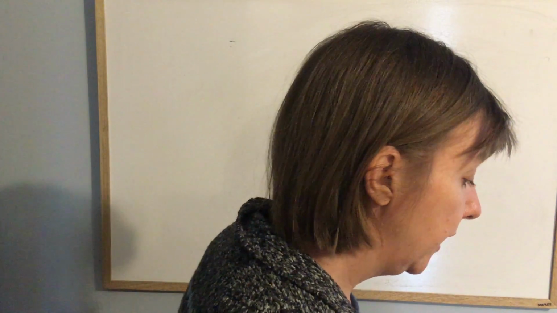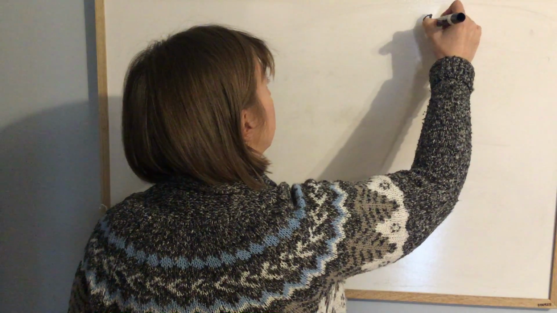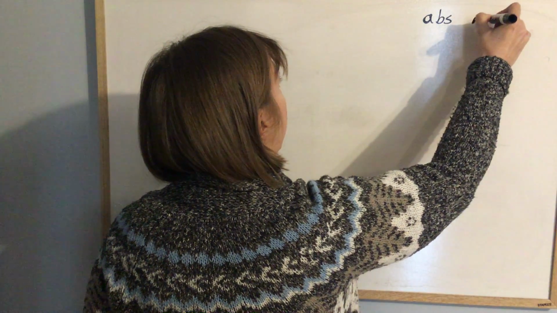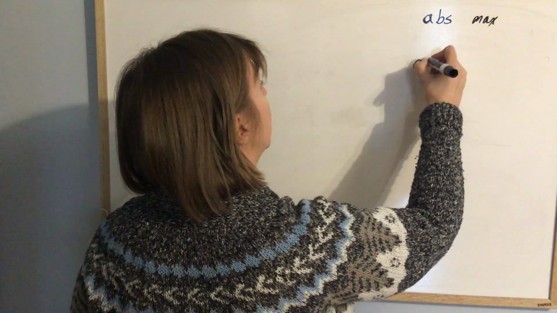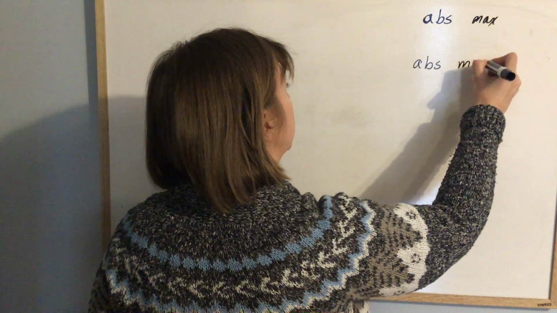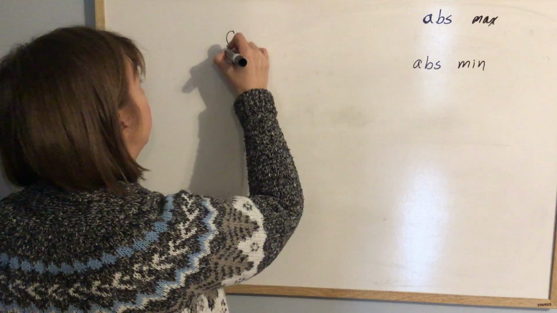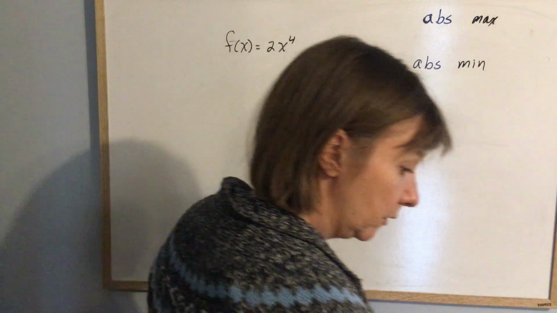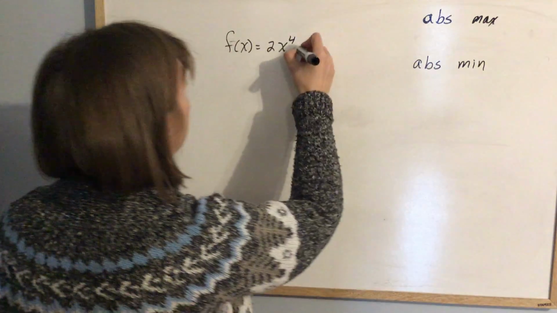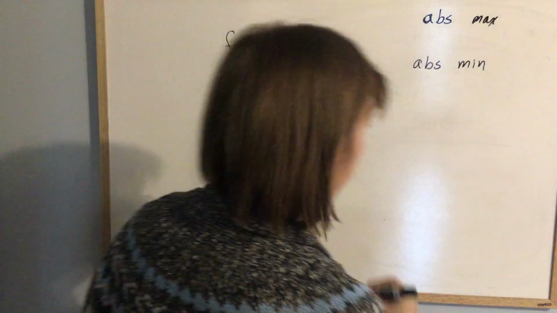It says find the absolute maximum and the absolute minimum. So it wants us to find the absolute max, not a local max or minimum, but an absolute maximum or minimum, for f of x is 2x to the 4th minus 4x squared plus 4.